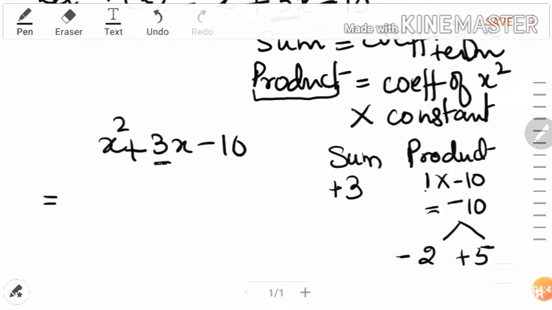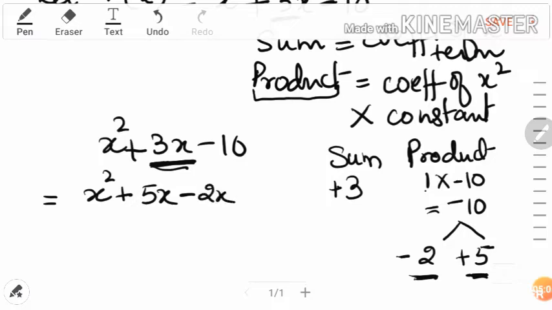Now to factorize, we need to split the middle term as sum of these two factors. So x square plus 5x minus 2x minus 10. This is our middle term, which we have split into two numbers.